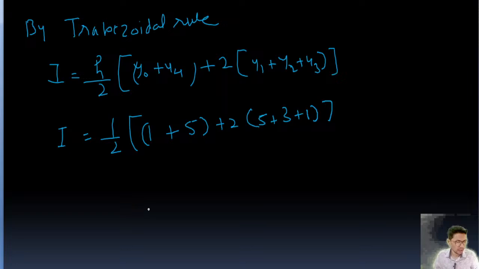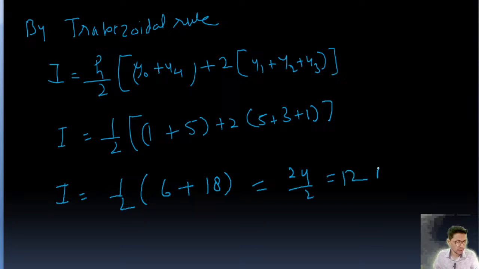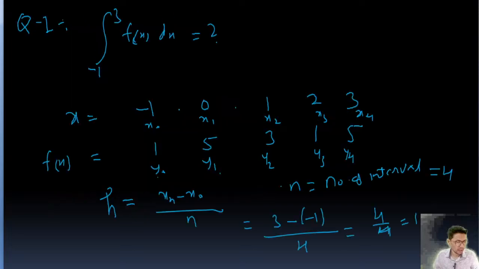Okay, so this is going to be a very simple method, guys. So 1 by 2. So this is going to be 6 plus 5, 3, 8, 9. 9 into 2 means 18, right? So this is going to be 24 by 2, that is 12.